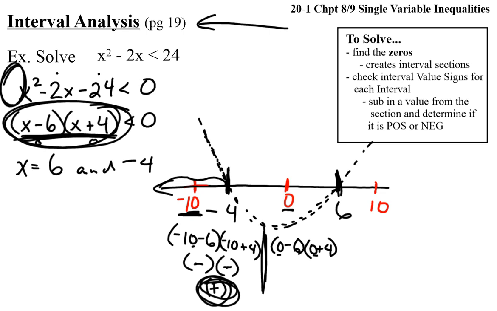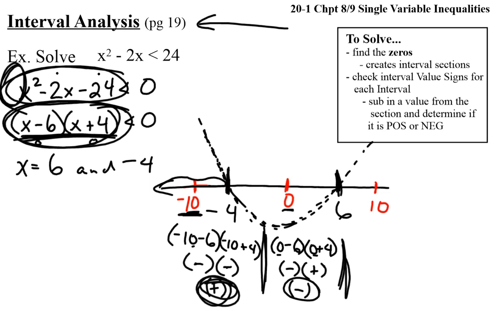Or I could put it into the actual quadratic, but it's easier in that form. 0 minus 6 is negative. 0 plus 4 is positive. Negative times a positive is negative. So in this middle section, we have the negative part of the graph. So it works.